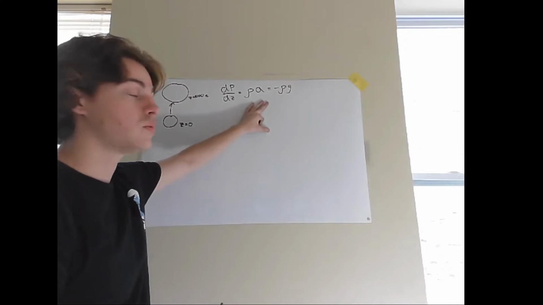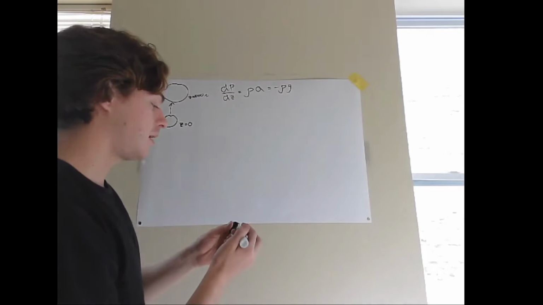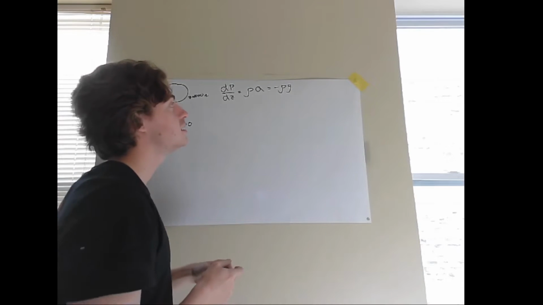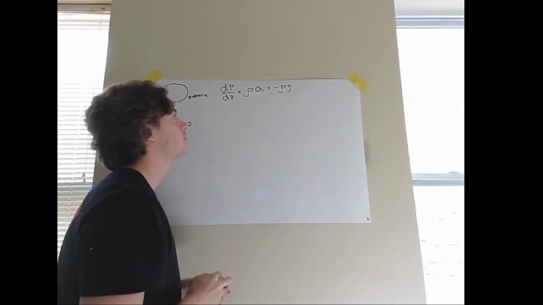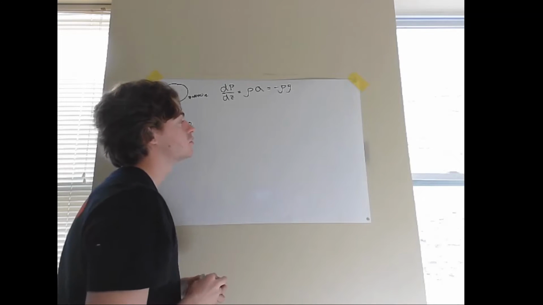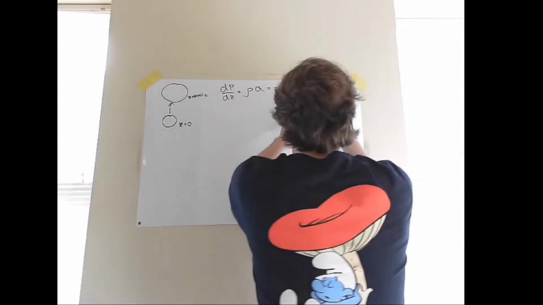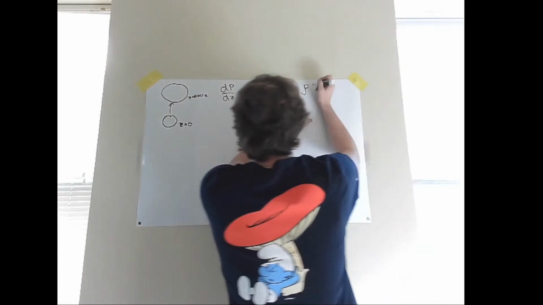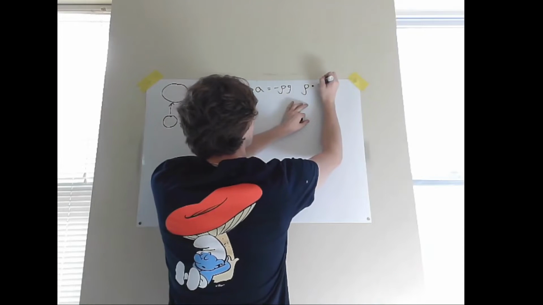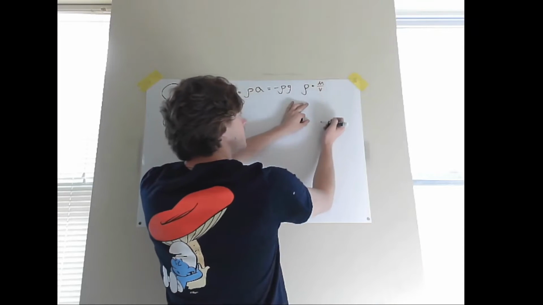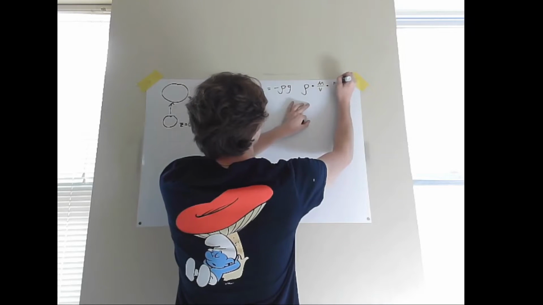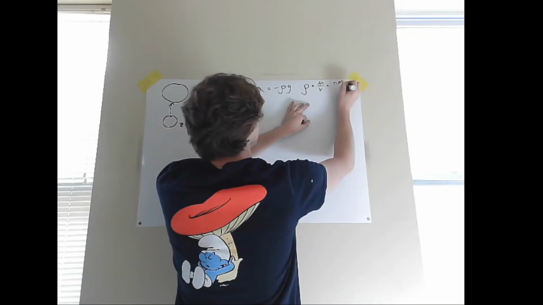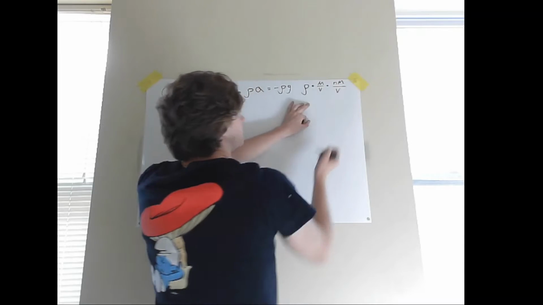And then from here, we can use the definition of density to rewrite this in terms of gas law equations. So we're going to start with density. It's going to be equal to mass over volume. Mass is going to be equal to the number of moles times the molar mass, and then over volume.